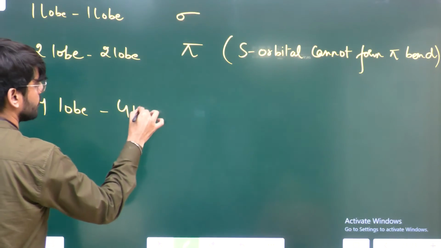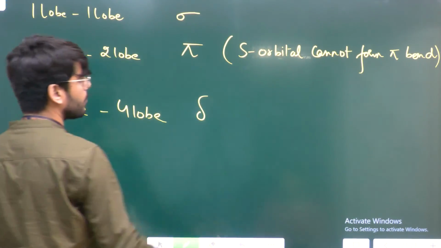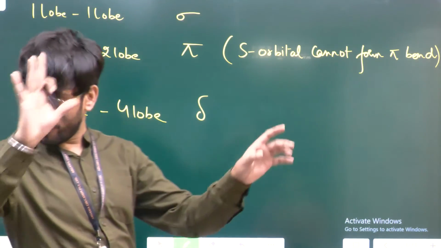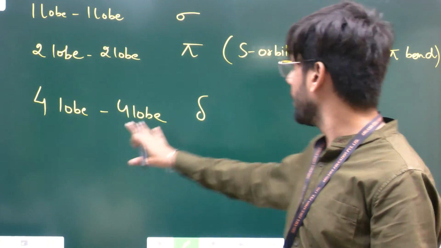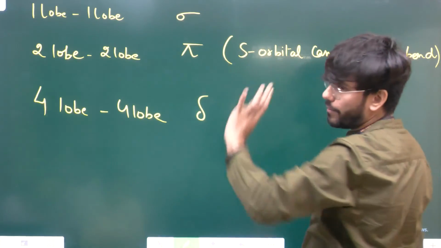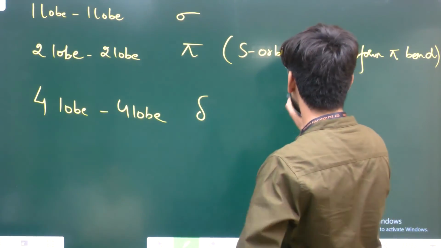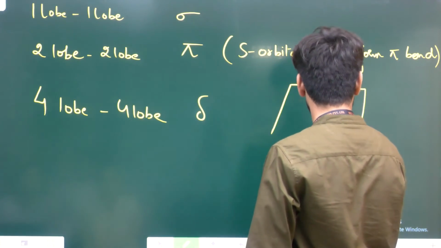Four loop भी होते हैं. They will form a delta bond, obviously not in your syllabus. But जैसे कि D and D, four loops है, वहाँ पे delta bond. But आप वो तो इन दोनों से काम. चलो देखिए. अच्छा four loop से confuse मत होना. जैसे suppose एक plane ही है.